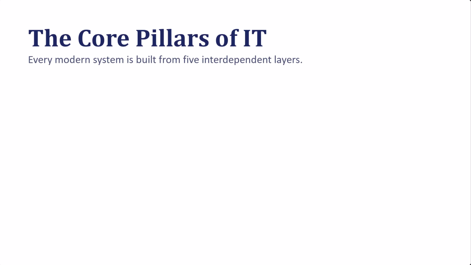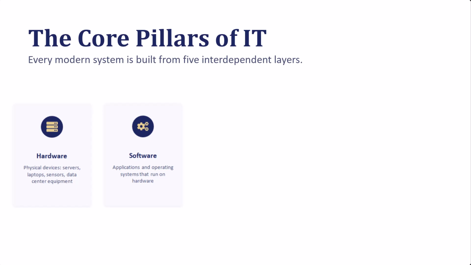Every IT system, no matter how complex, is really built out of 5 core pillars. First, hardware, the physical devices, servers, laptops, sensors, and the equipment that lives in data centers. Second, software, the applications and operating systems that actually run on that hardware and do the work. Third, networks, the connections that let all these devices and systems talk to one another, whether across a room or across the world.